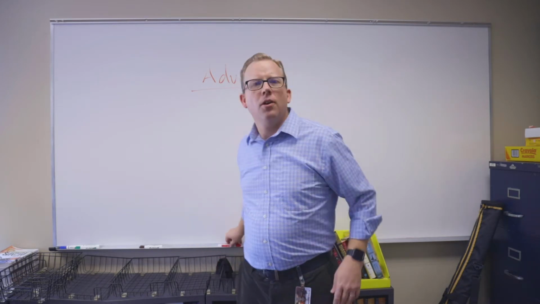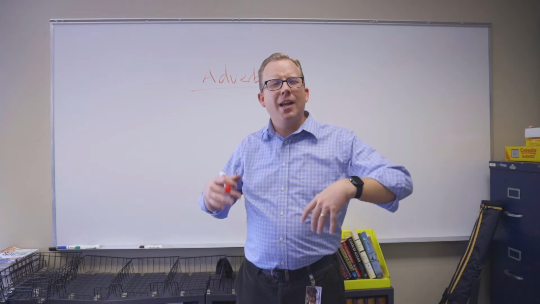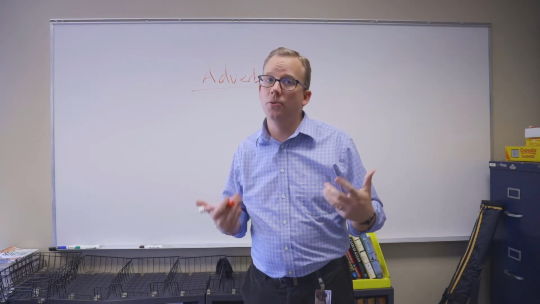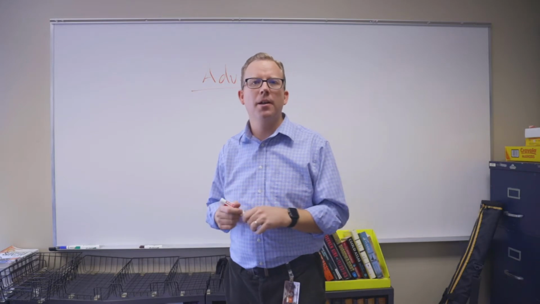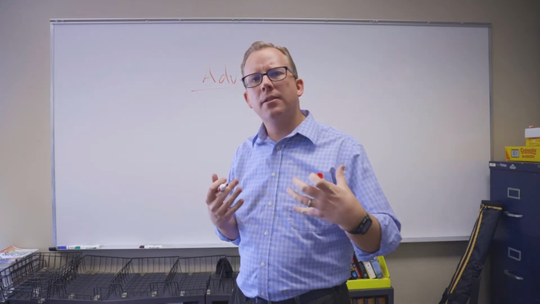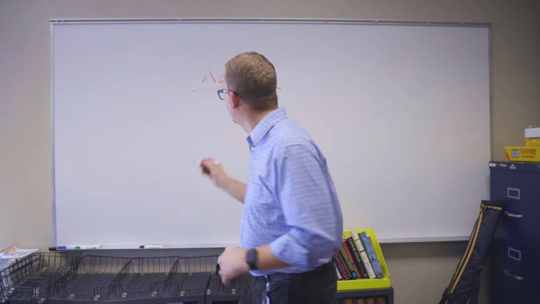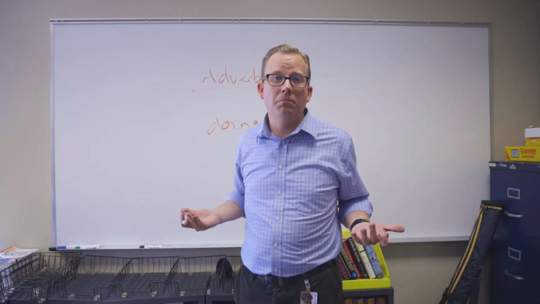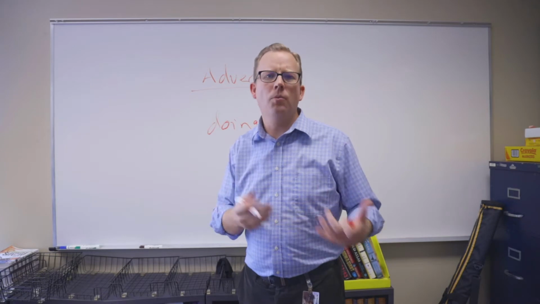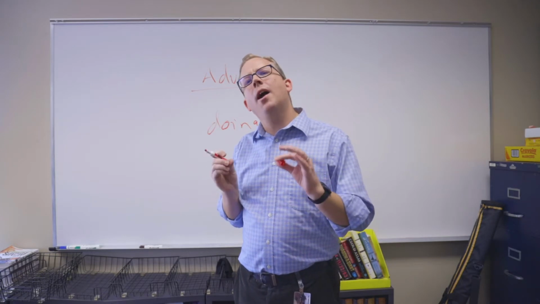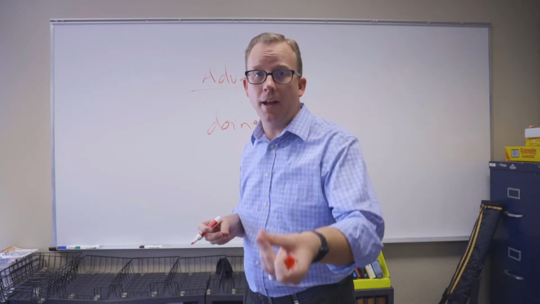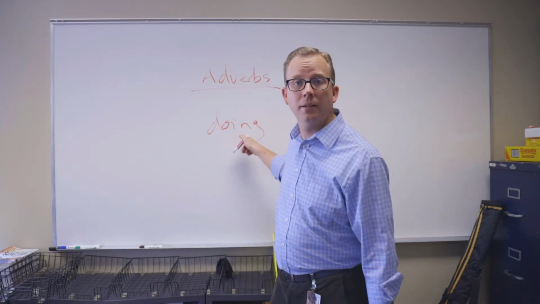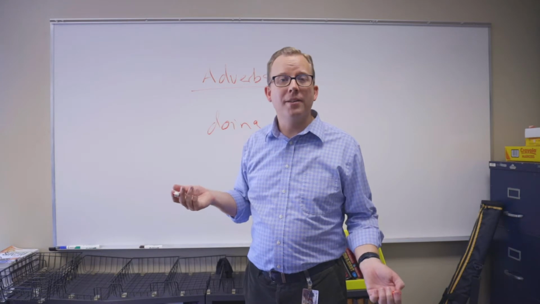In fact, one kind of common example that people who are really strict about grammar might bring up is if you ask someone how they're doing. A lot of people, when they're asked how they're doing, they say, I'm good. And it's not wrong, right? But they're not asking for you to describe a noun. They're asking you to describe an action, doing, which requires an adverb.